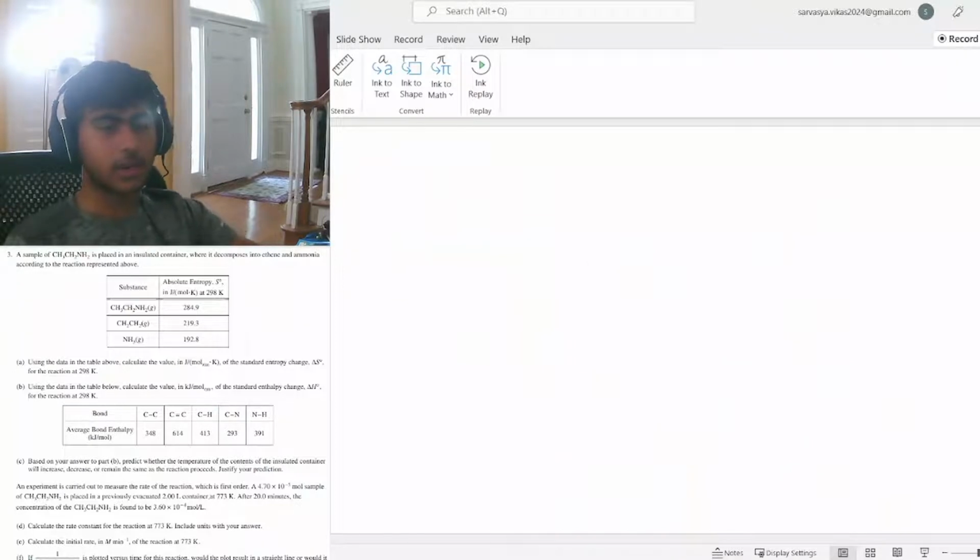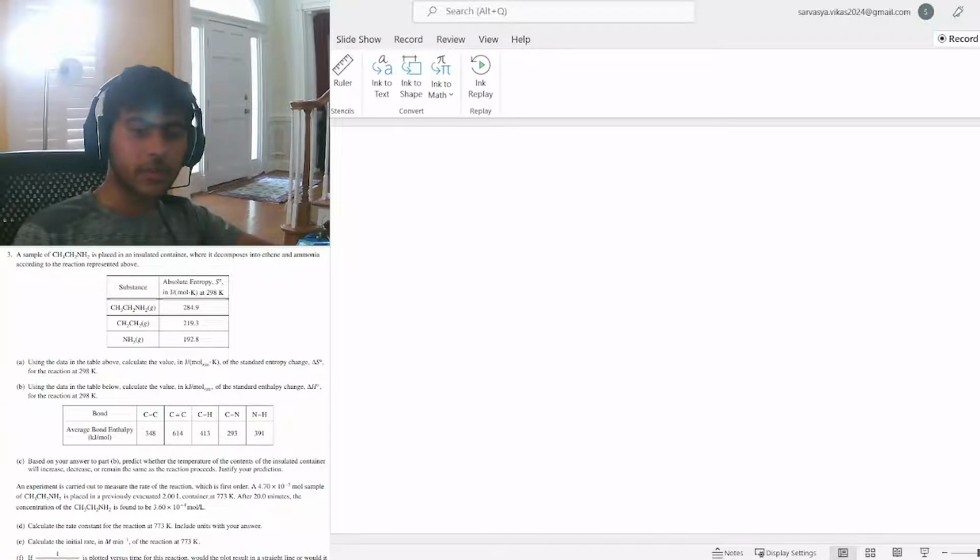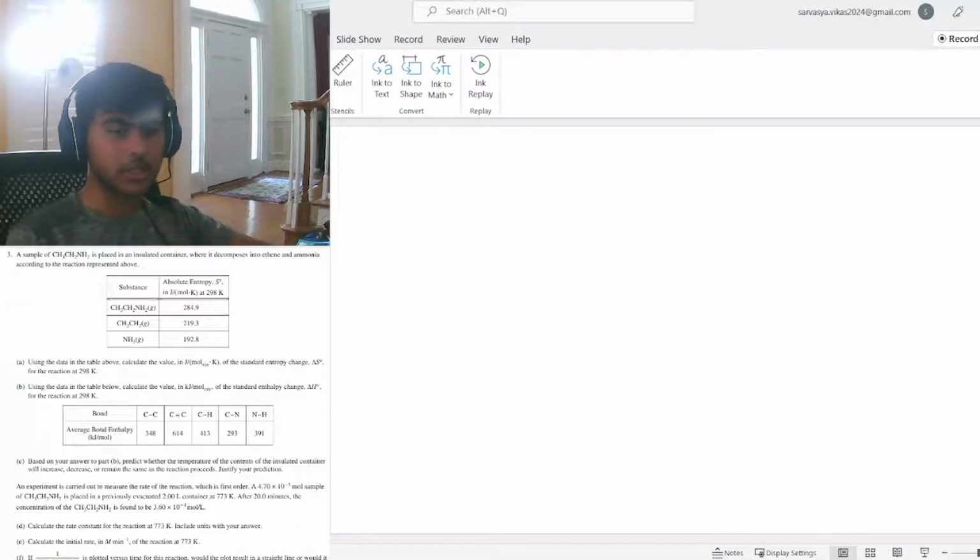Alright. Now we're told, based on your answer to part B, predict whether the temperature of the contents of the insulated container will increase, decrease, or remain the same as the reaction proceeds. And we're asked to justify our prediction.